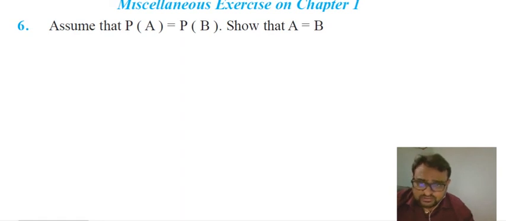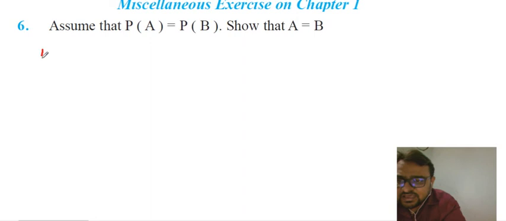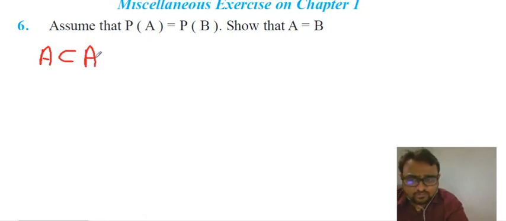So remember two things: the null set is a subset of every set, and the set itself is a subset of itself. So definitely A will be present in the power set of A. So A is a subset of A. That means A belongs to the power set of A.